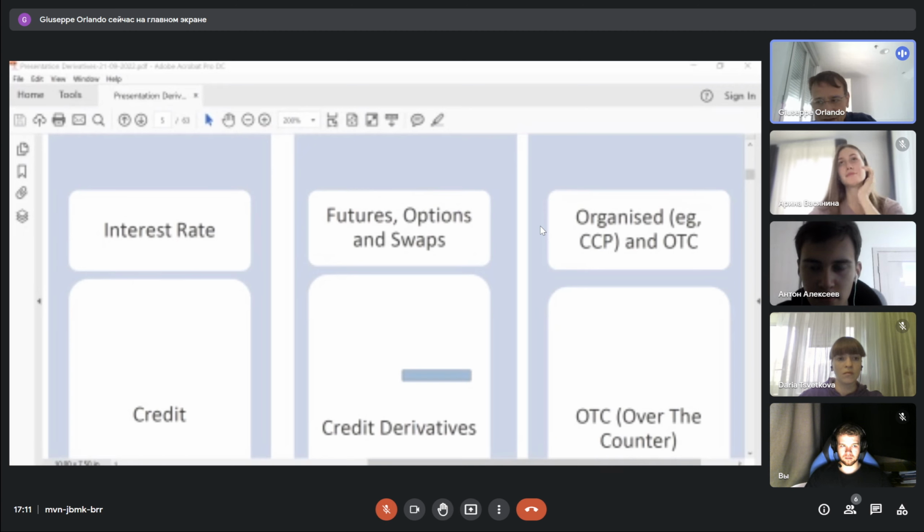So the idea is that there are people that want to pay a fixed interest rate, and there are people that want to pay a variable interest rate. And they swap, so they change something variable into something fixed. And then they divide their profit from this process between themselves?